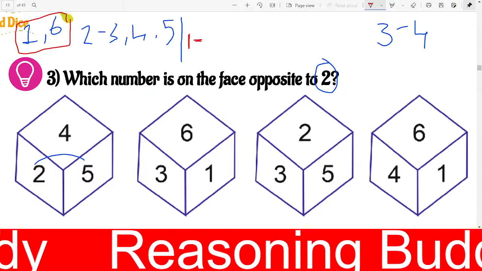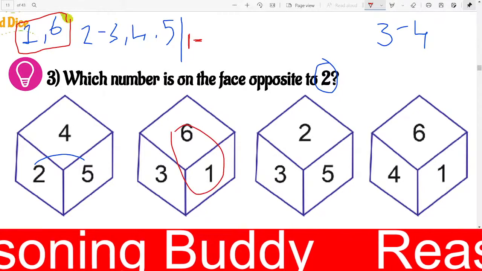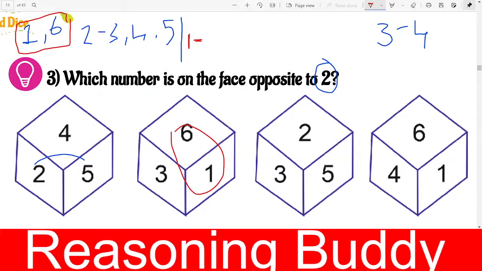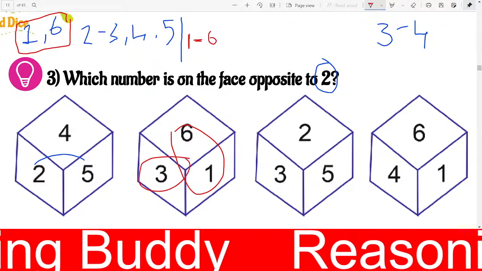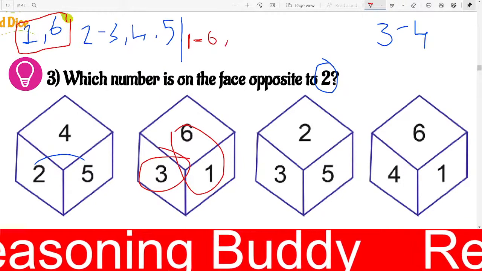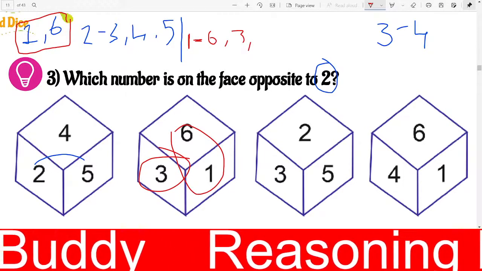So here you can see 6 and 1 are on the same edges in faces. So 6 is not an opposite side, and here 3 also you can see. So 3 is also not an opposite side.